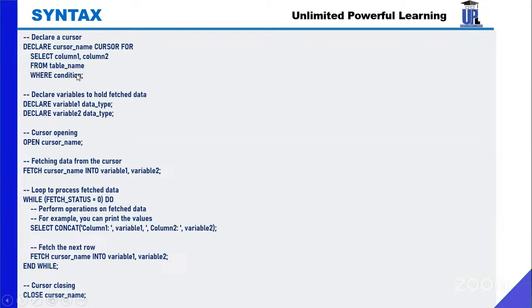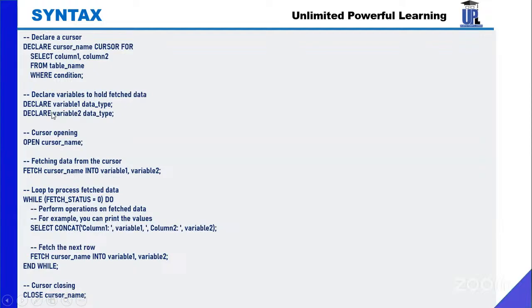I may create a cursor with employee number and employee salary for our computation: select employee number and salary from the employee table where salary is greater than some value or belongs to some department. So at the end of the day, you should understand the declaration for the cursor.